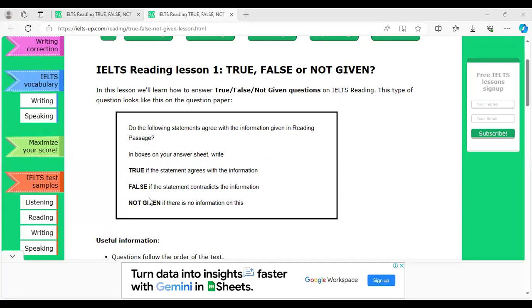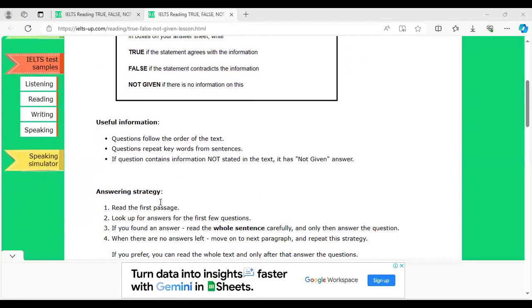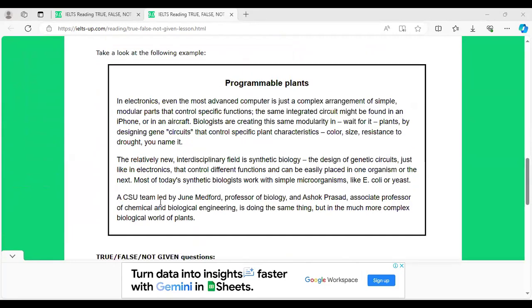In the boxes of your answer sheet, write true if the statement agrees, false if the statement contradicts, not given if there is no information on the statement. Okay, so let's directly go to the first one.